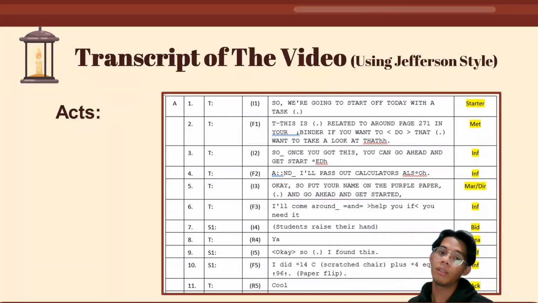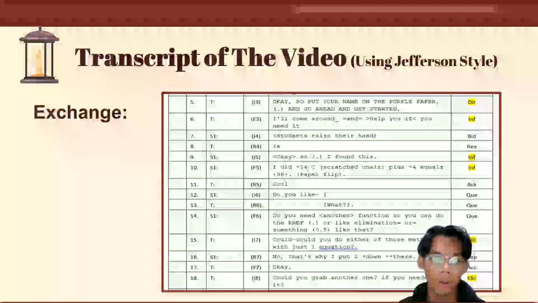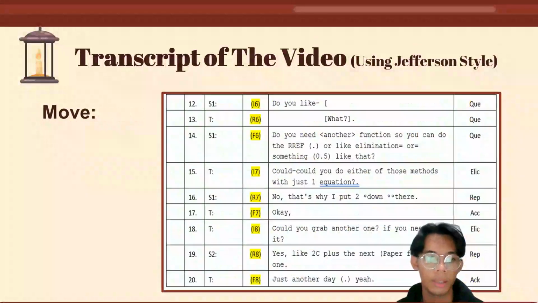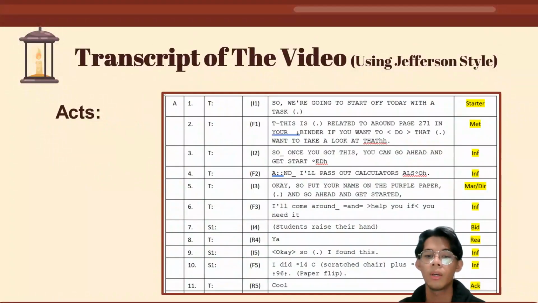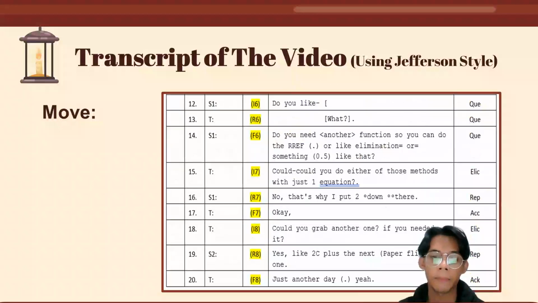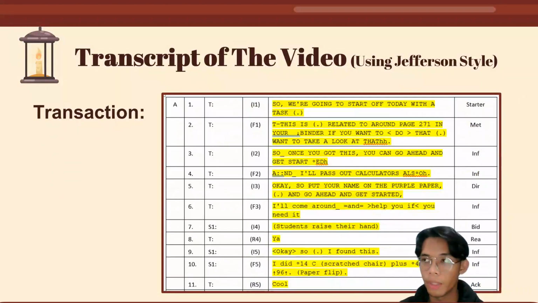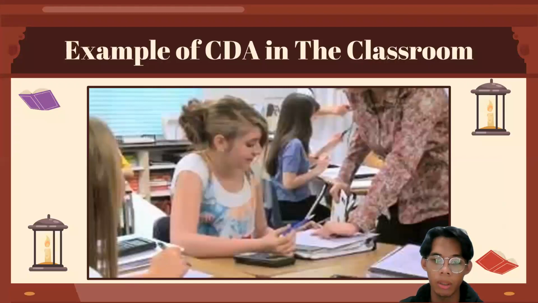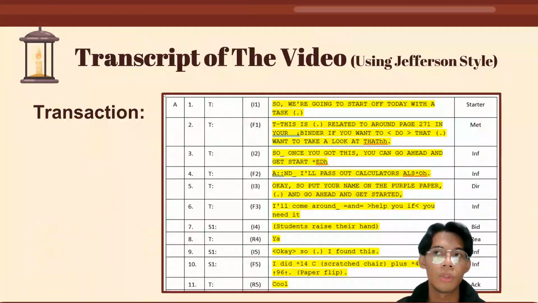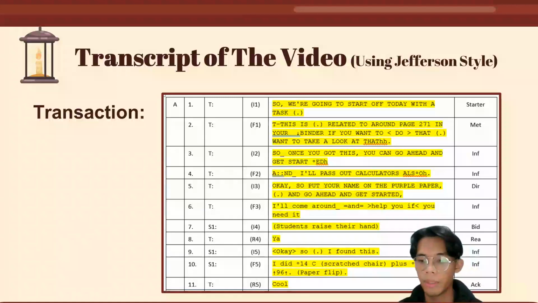So yeah, I think we already cover the transaction, the exchange, the move, and acts with this example. And you can see the full video by just clicking the YouTube High School Math Story Problems. I think it's a 30 minute video. You can learn the interaction in the classroom from that video.